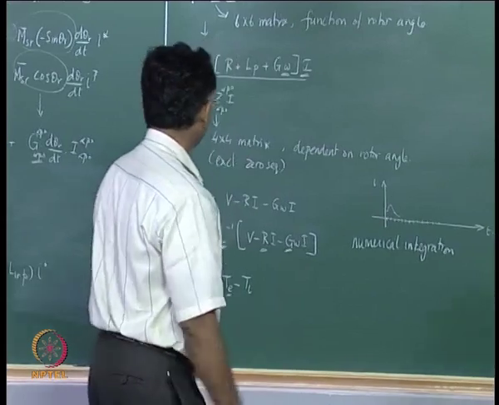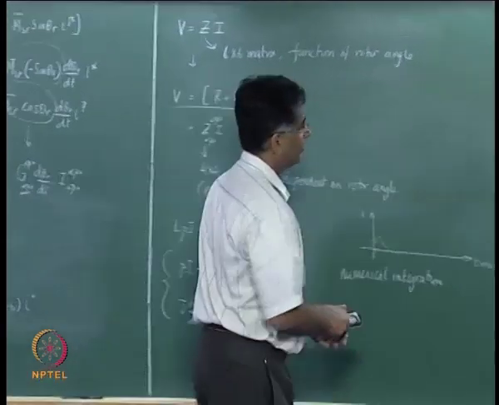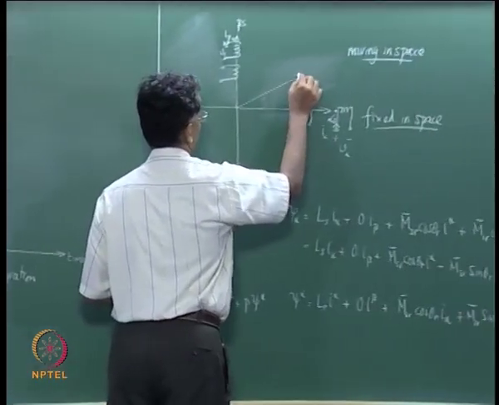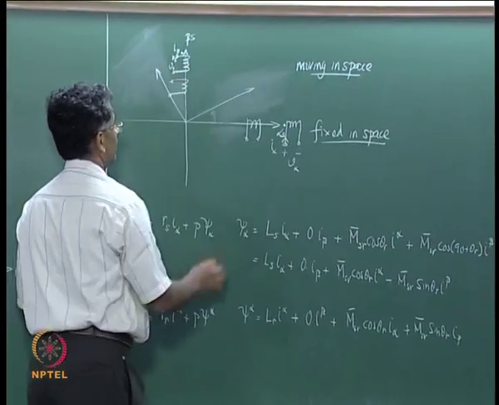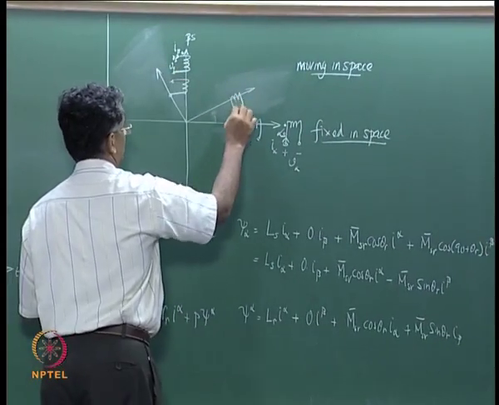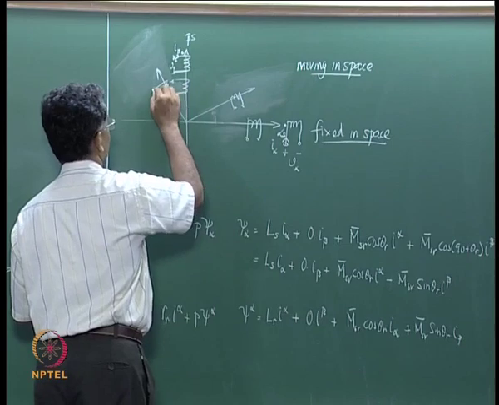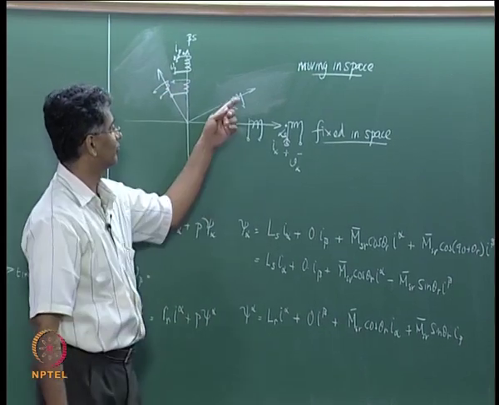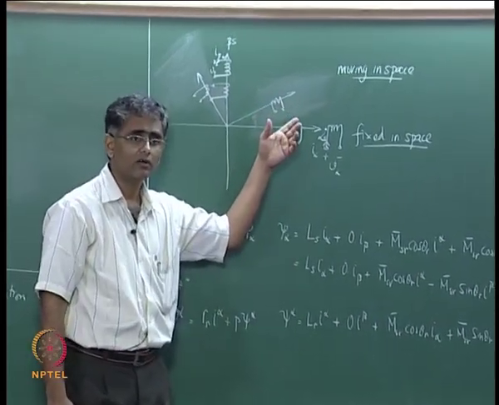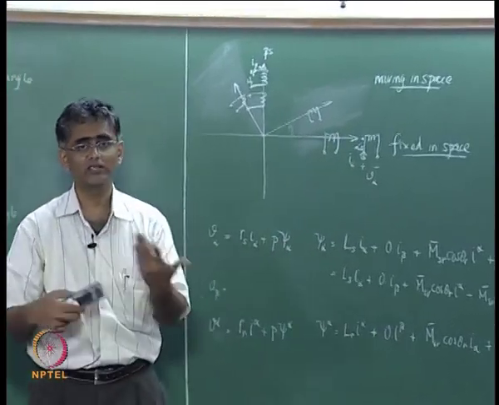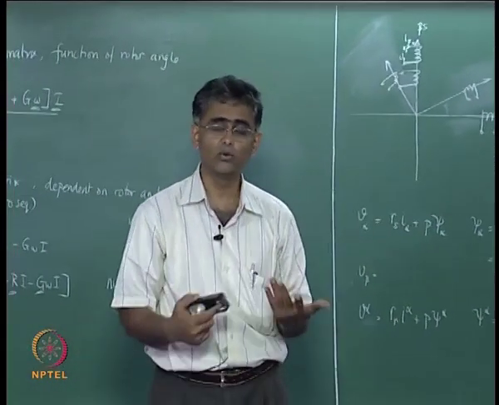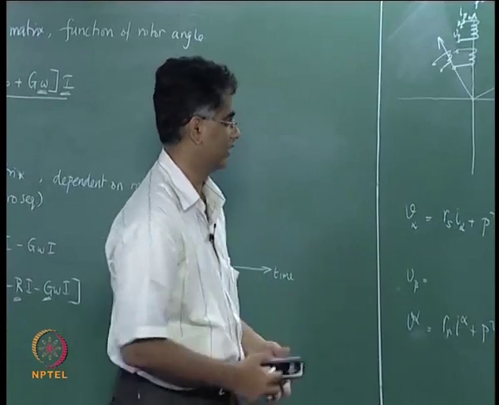So if we have the alpha beta axis here, you have a coil here and you have a coil here, any MMF that is produced by alpha r should be produced by any other excitation system that we consider, only then the two are equivalent.